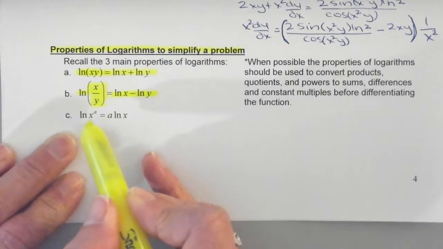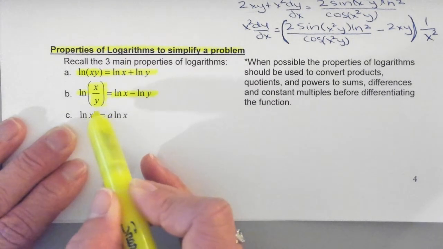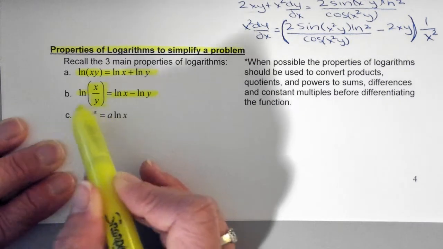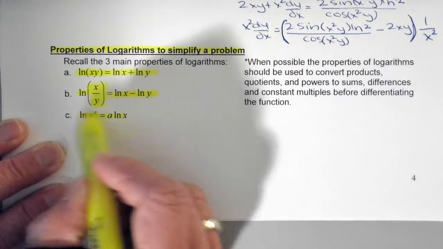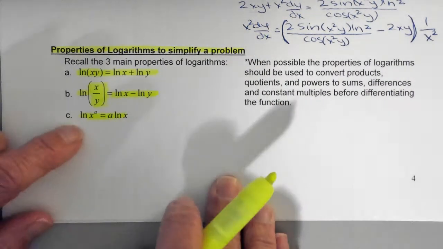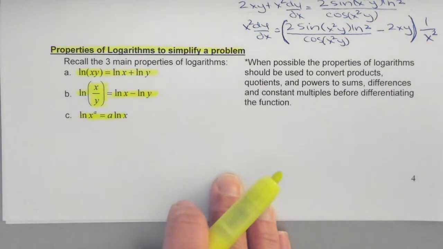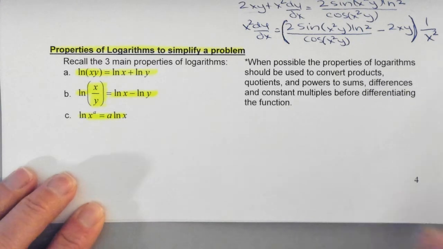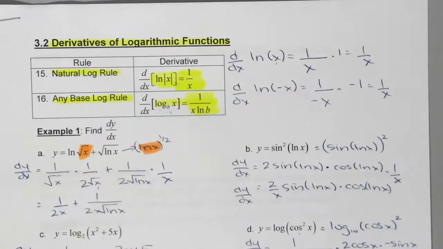And then if you have a term that has an exponent that you're taking the log or the natural log of, this exponent will become a coefficient. So you really do need to know these because it's going to make your life a lot easier. Okay, and I will show you a very simple problem as to how to do that.